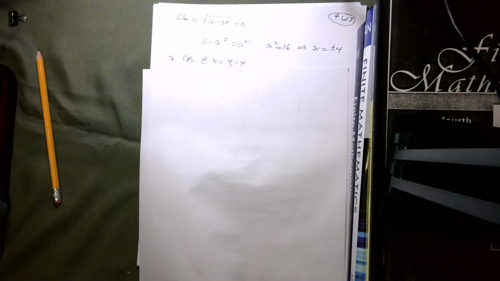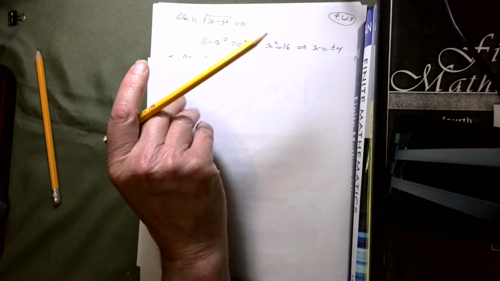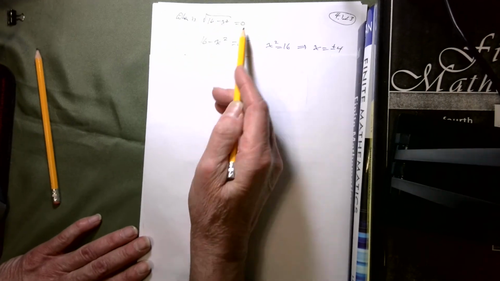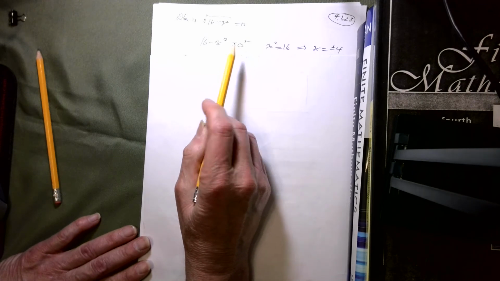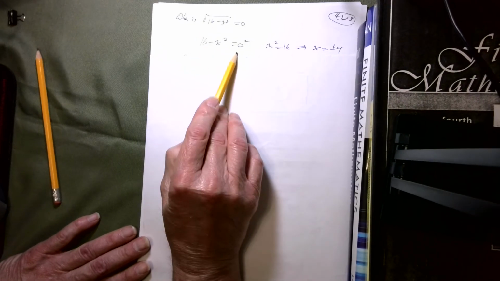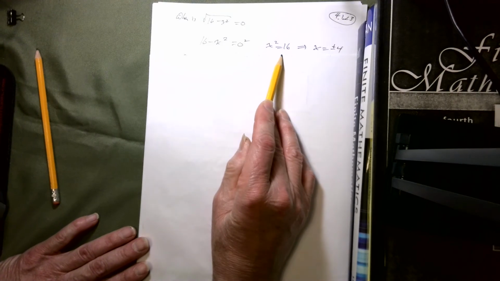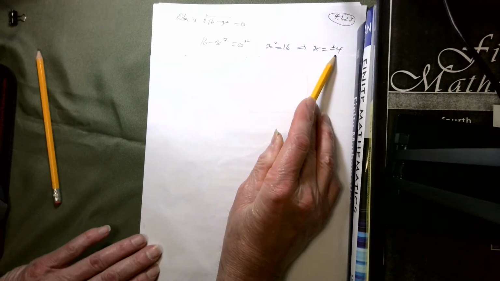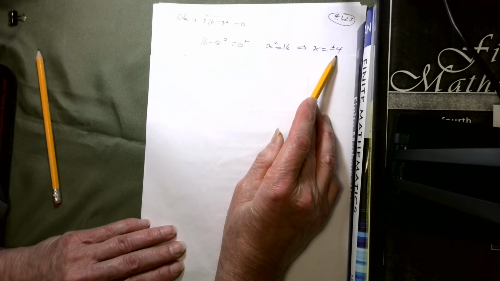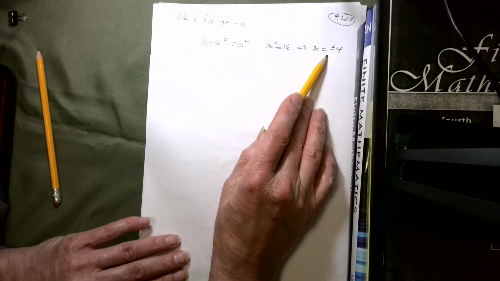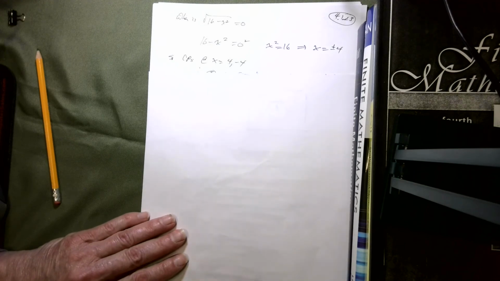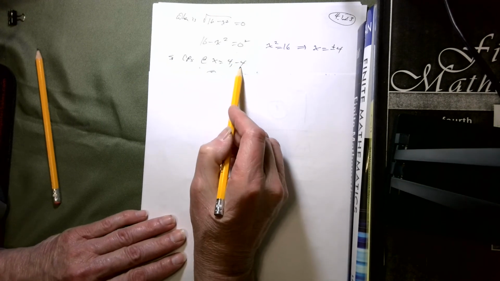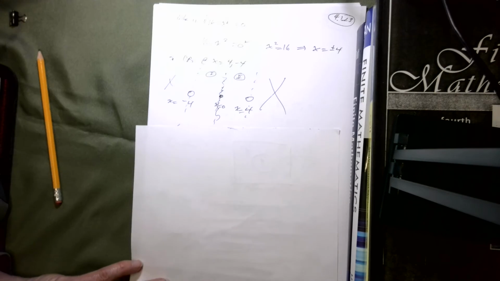So if I ask when is the denominator equal to 0, I could say that's really 0 when I square both sides. That means x squared is equal to 16, which means there are two critical points where the derivative is undefined, plus or minus 4. So in other words, we have critical points also at 4 and negative 4.